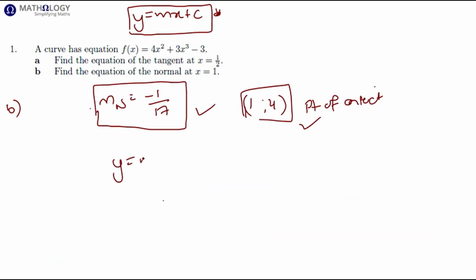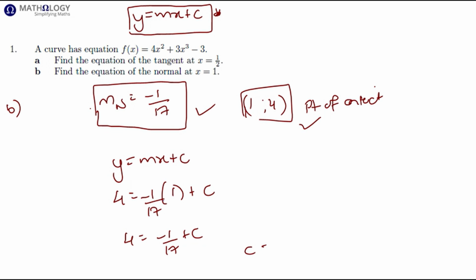So y equals mx plus c. y is 4, the gradient is -1 over 17, x is 1, we're looking for c, so 4 equals -1 over 17 plus c. c will be 4 plus 1 over 17, which is 69 over 17. The equation of the normal will therefore be y equals -1 over 17 x plus 69 over 17.